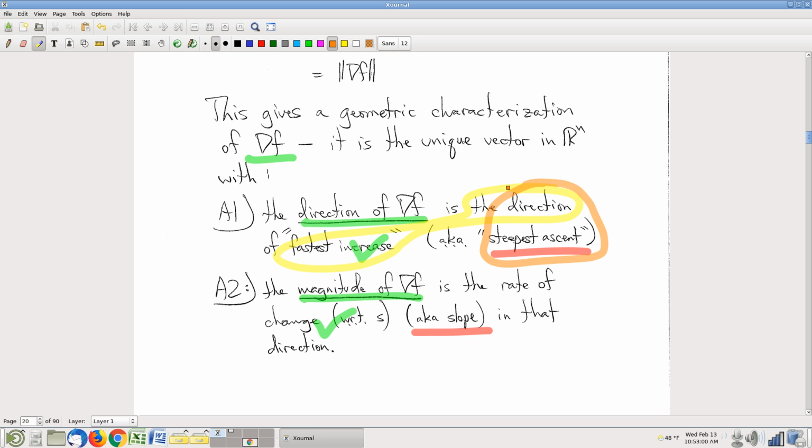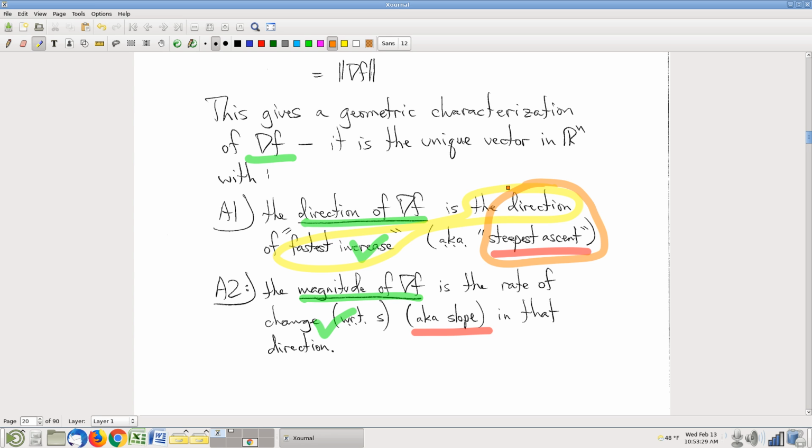The little asterisk that I will put on that, just for interpretation purposes: when you hear people say direction of steepest ascent, you have to remind yourself that they want to think about this function from the point of view of its graph. When they say steepest ascent, they're saying making the height increase as fast as possible. They're thinking about graphs, so height means the value of the function. So keep that in mind.